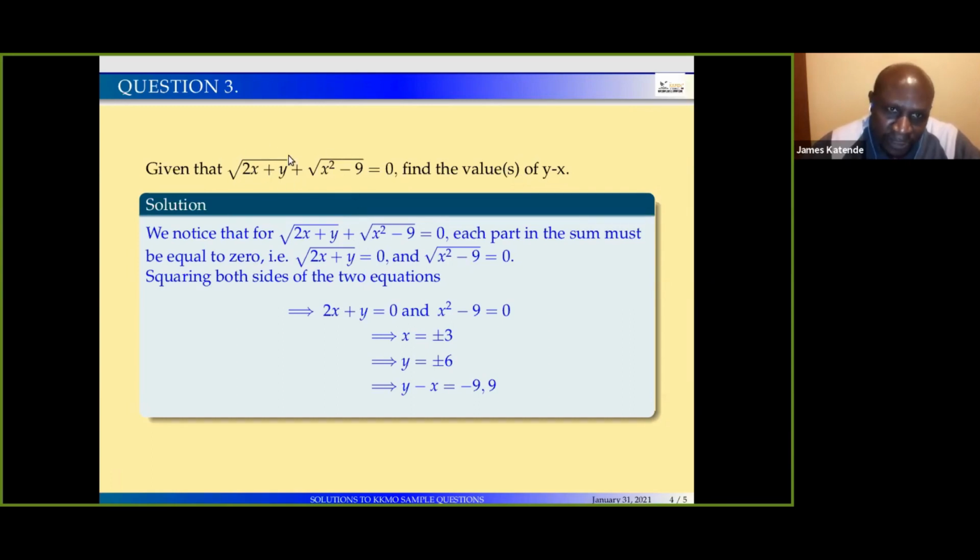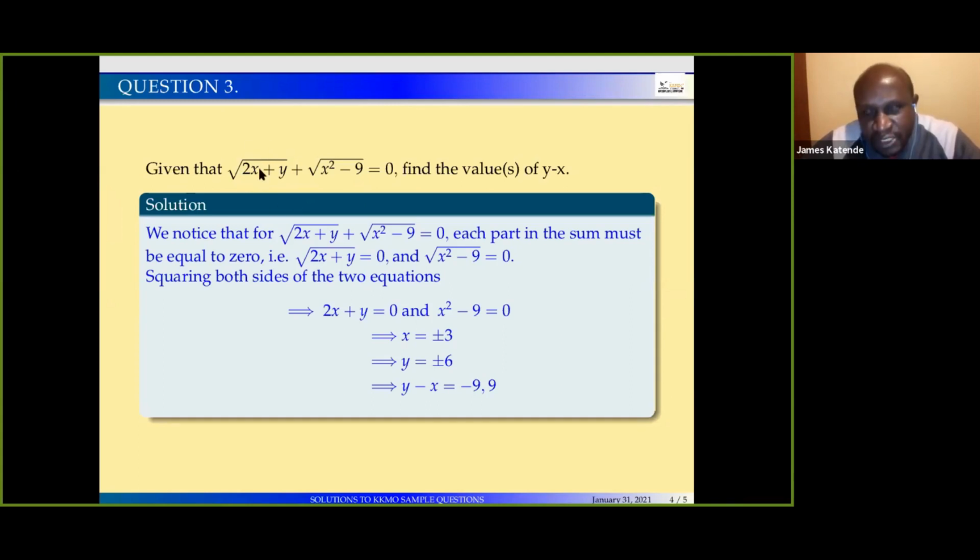So we use the following assumption. When we have this square root sign, it usually means the principal square root, that's a positive square root. So here we have two positive numbers, and we are adding them to get 0. But the square root can also be 0.